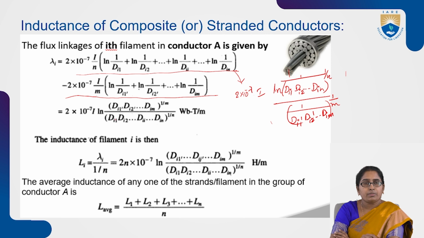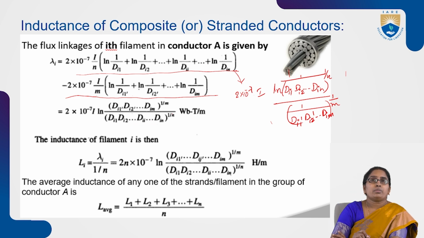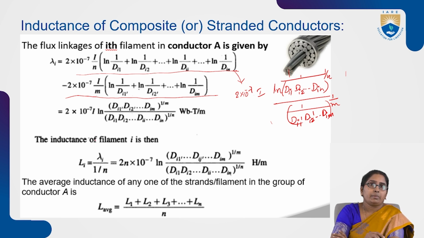From this, whatever we can see on the slide, 2 into 10 power minus 7 into I log of, so this down one comes up, so it is written as d I1 dash, d I2 dash and so on, d Im dash whole power 1 by m by d I1, d I2, and so on, d In whole power 1 by n. Okay, now this is the flux linkages for the ith element.